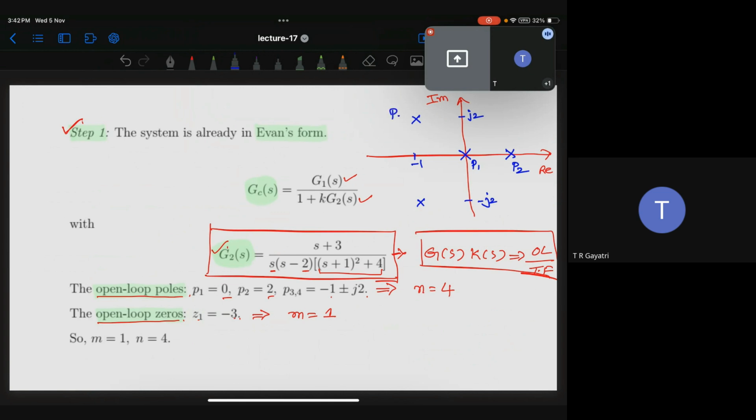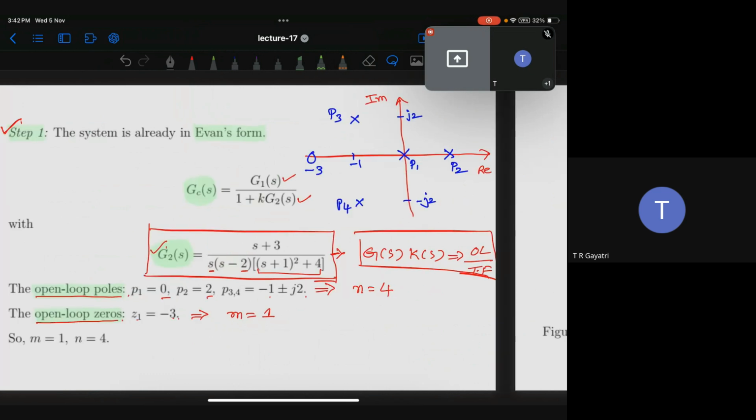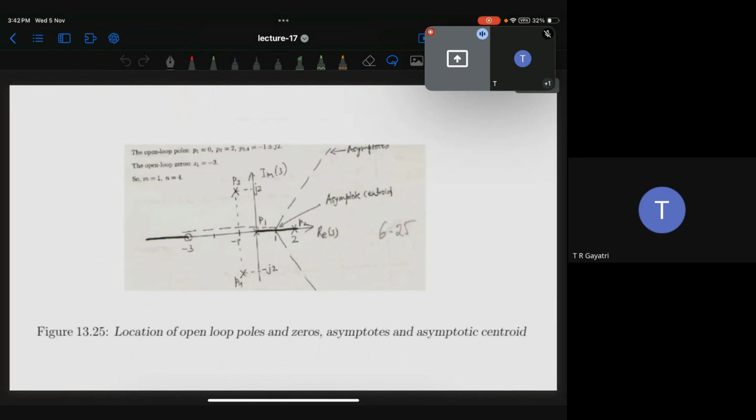Yes, sir. P3 and P4. And the zero z is at -3. Is this clear? Yes, sir. Let me copy that; I'll use the same image every time. So that is the first step. Any doubt in this first step? No, sir.